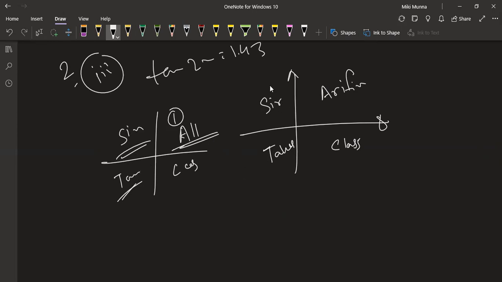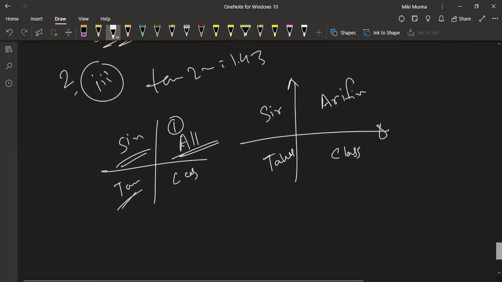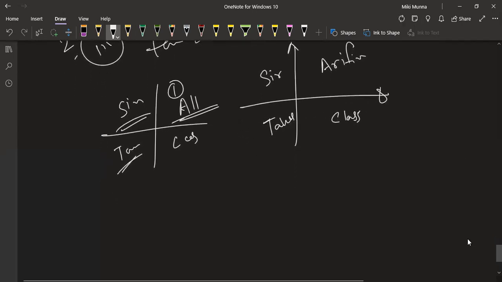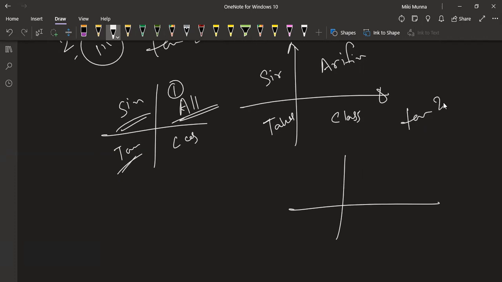Okay. Now they are asking us to find tan 2x equals 1.43. Now, how is it going to look? Let's see. Tan 2x, that means 1.43. We have a positive value of 1.43, in this case, let's say tan positive value. That means tan twice x is equal to a positive value.